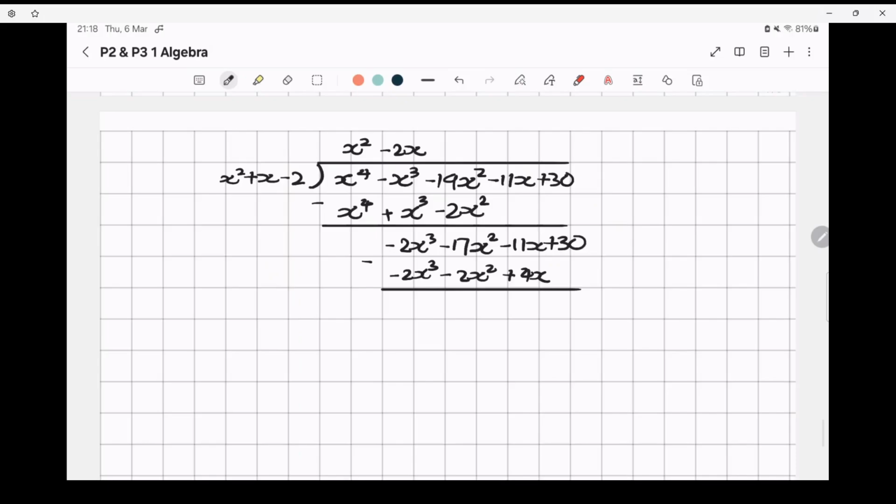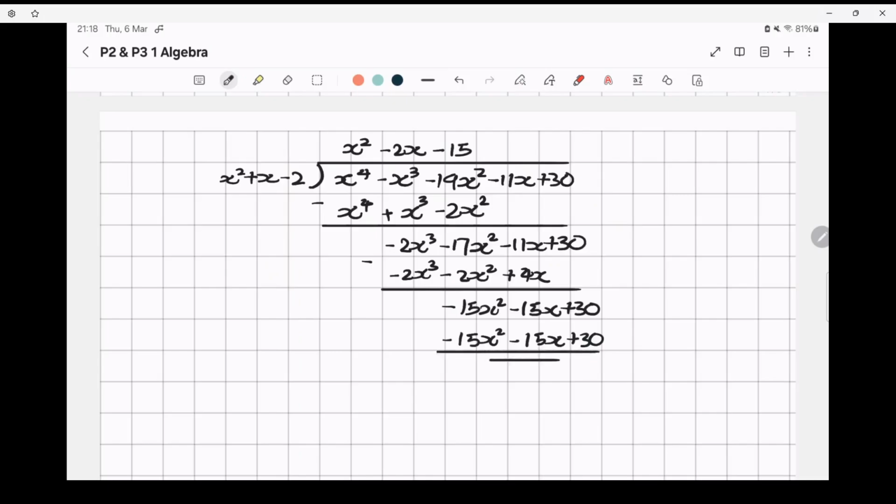So you have 15x squared, 15x plus 30. So the last one is quite obvious, minus 15, so it completely factorizes.